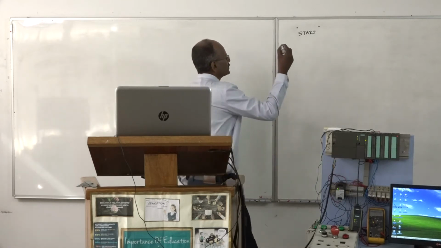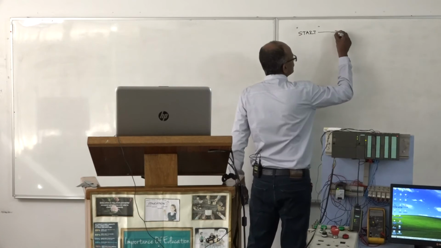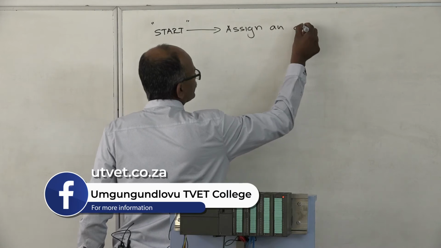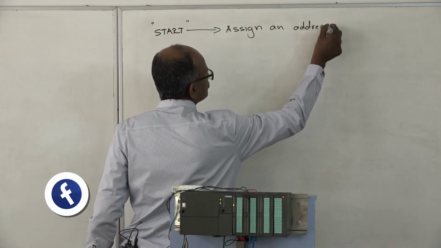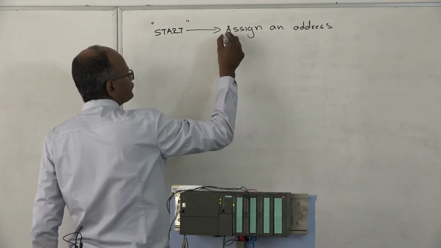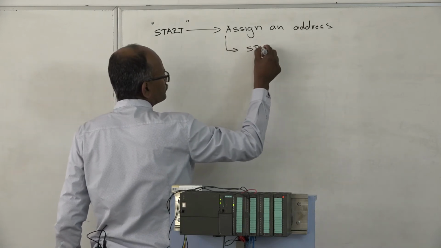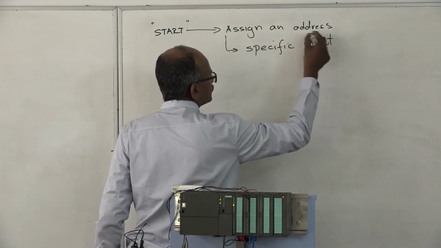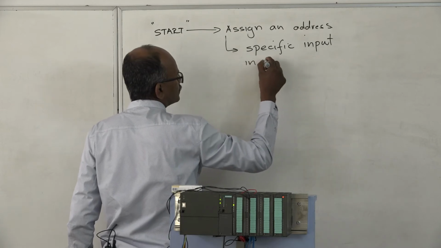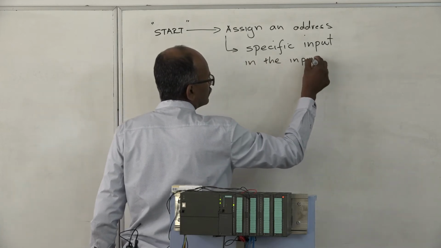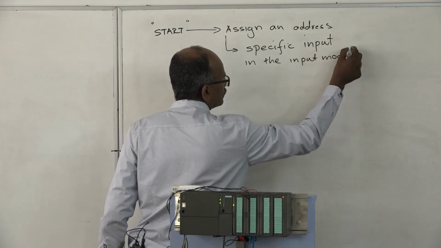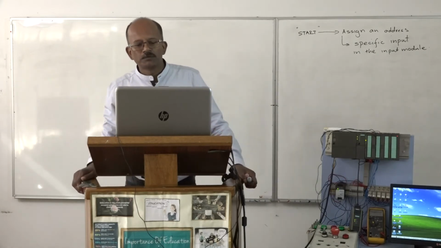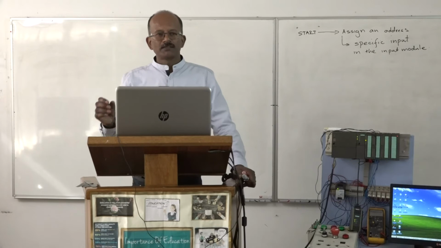What you have to do is to your start button, we have to assign an address. Okay, this address represents a specific input in the input module. Now, there's different types of addressing.